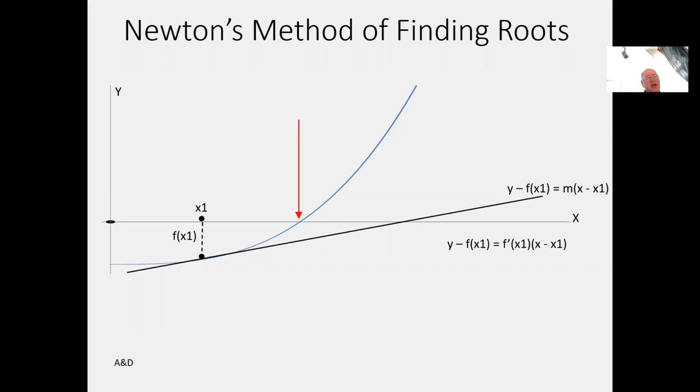Look what the equation of our line is. The equation of our tangent line is completely and solely dependent upon the point x1. As soon as you give me x1, I can immediately write down the full equation of the line. I need to know the y value at x1, the x value at x1, and the derivative at x1.